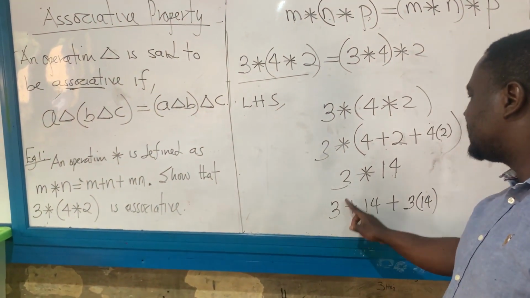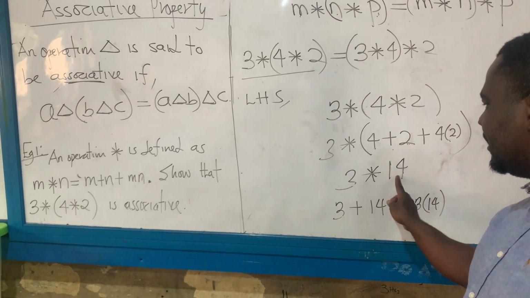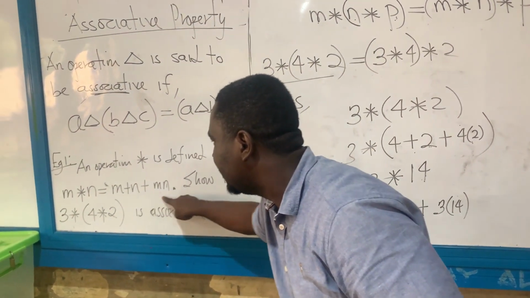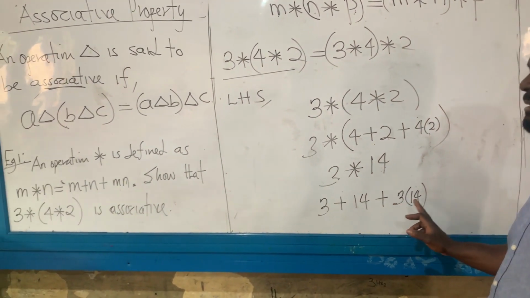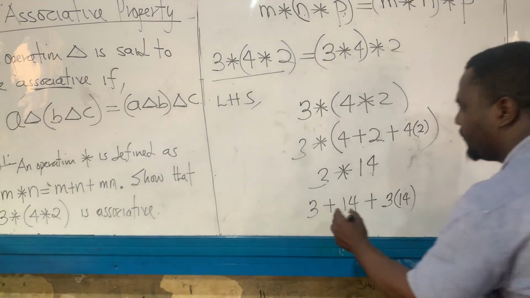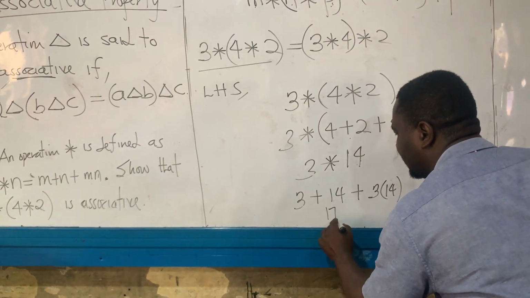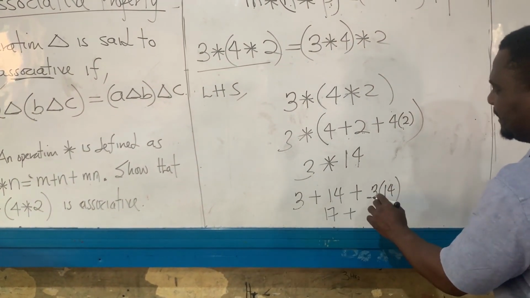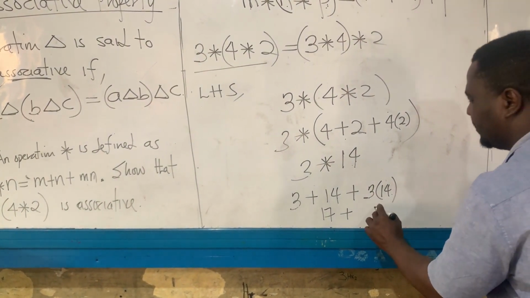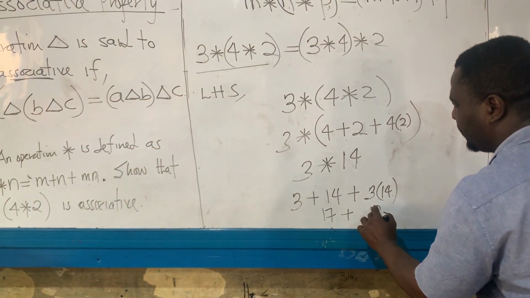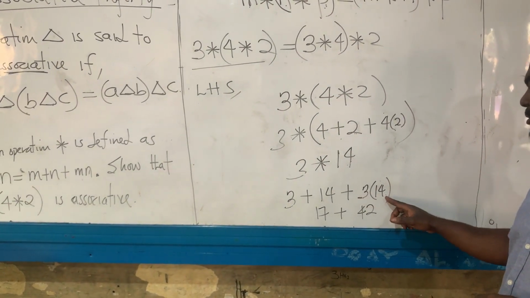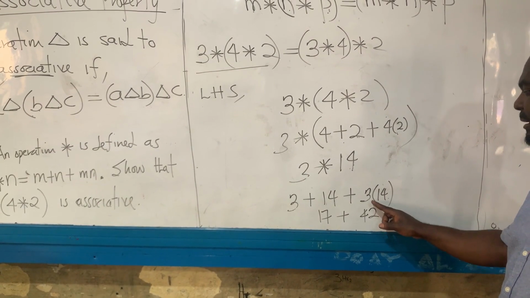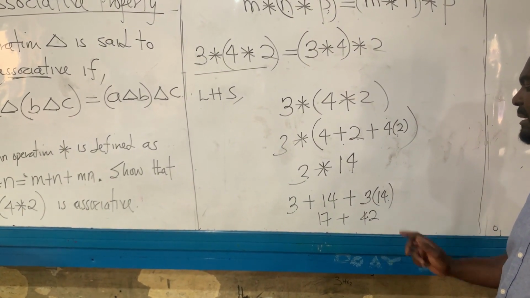After substituting 3 and 14 into this equation, I'm getting 3 plus 14 plus 3 times 14. So from here, 3 plus 14 will give me 17, plus 3 times 14, 42. 3 times 14 will give you 42 because 3 times 4 is 12, remember 1, 3 times 1 is 3, 3 plus 1, 4, 42.